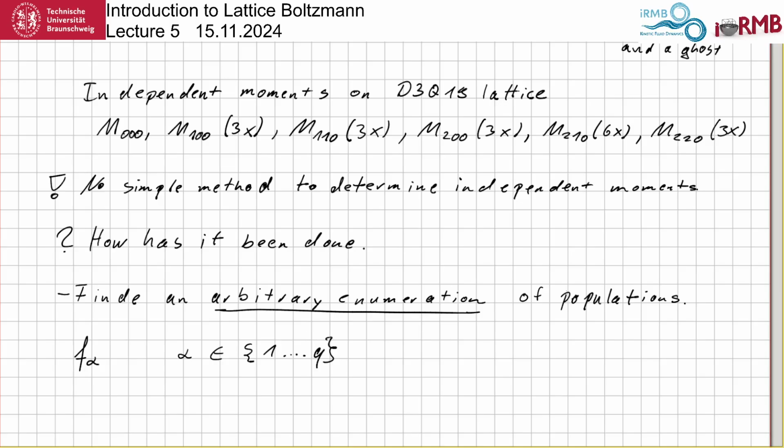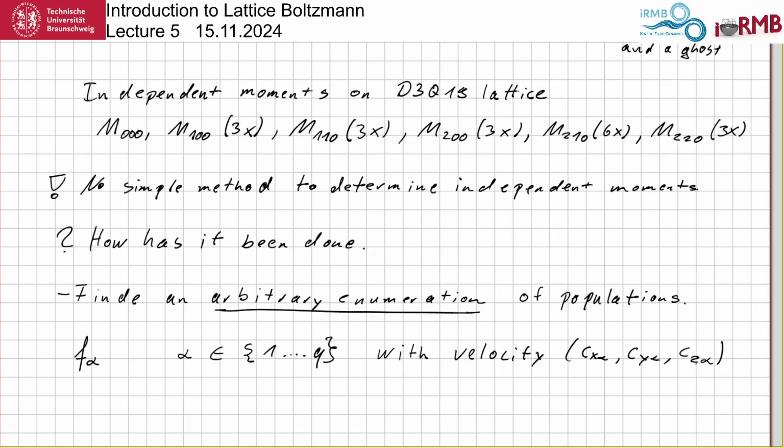And then you say that each of these has the velocity cx alpha, cy alpha, and cz alpha.